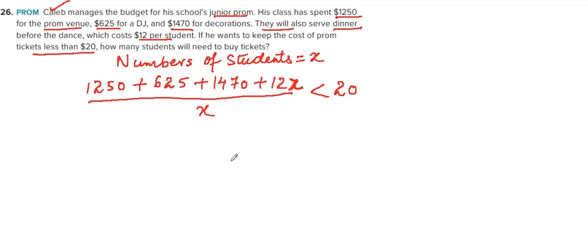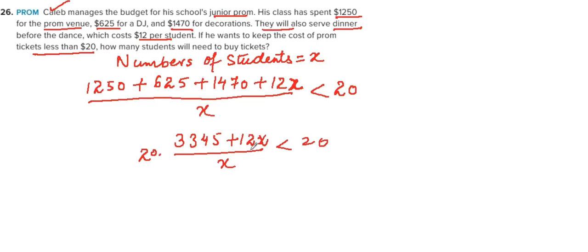We will solve this now. We are going to add 1250 plus 625 plus 1470, so this will be 3345, plus 12x over x, less than 20.